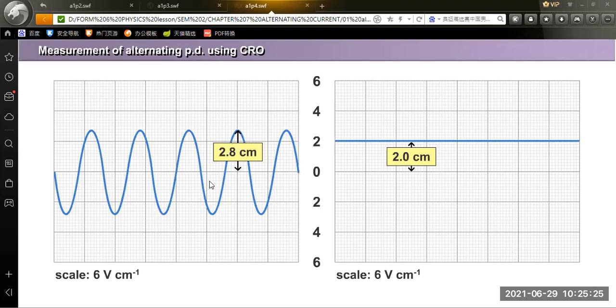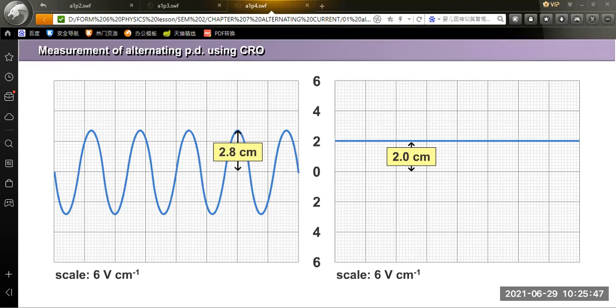The diagram shows a sinusoidal wave pattern, which is 2.8 cm from the equilibrium line. That means the equilibrium is at zero, yeah? The direct current shows 2 cm from the equilibrium.